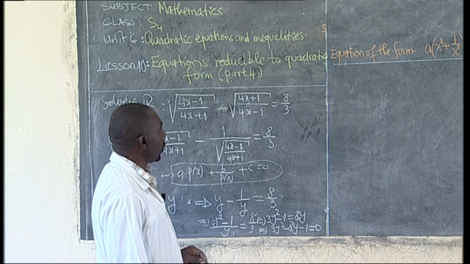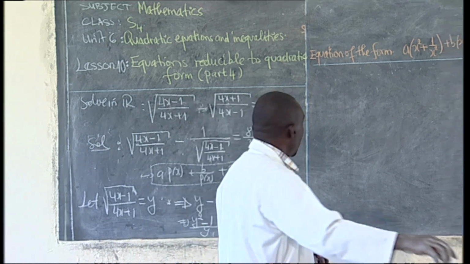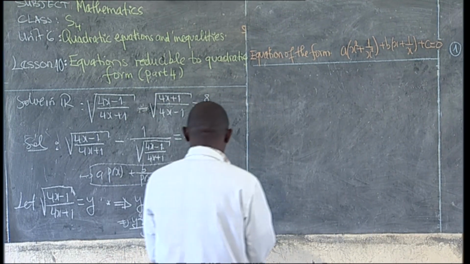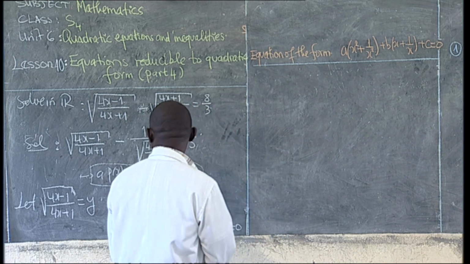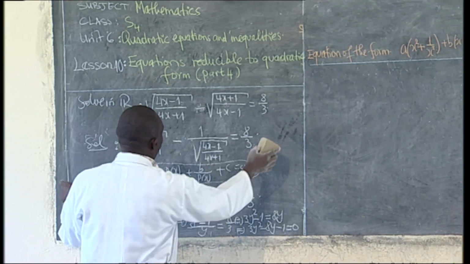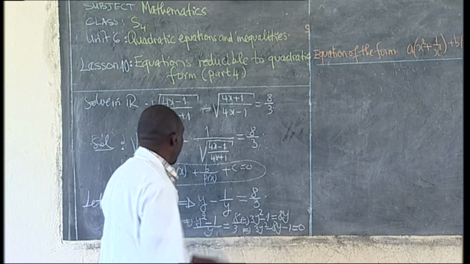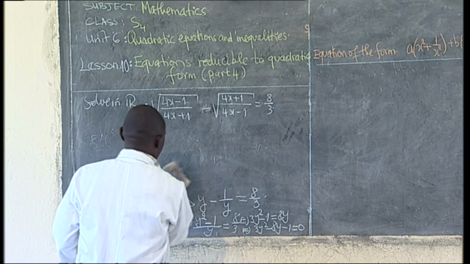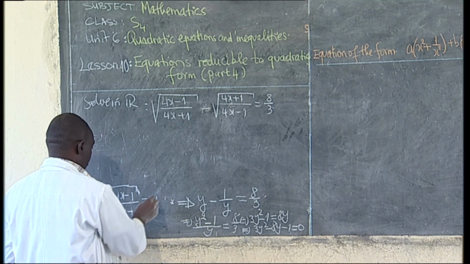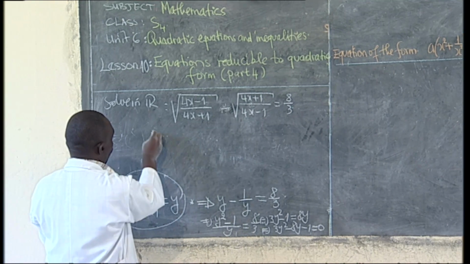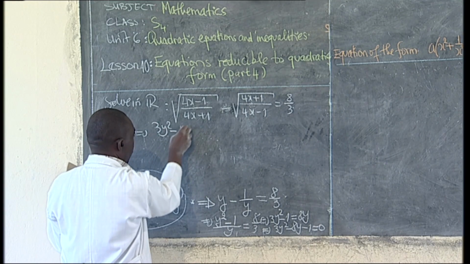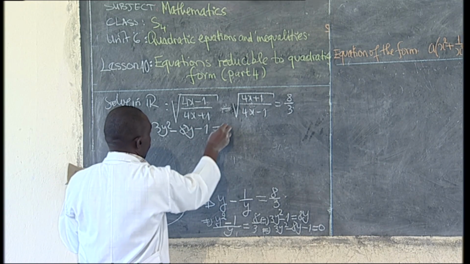Solving this equation in y, let me do it here, because I've changed already, what I need is this equation. I maintain only this, and I'm going to solve now 3y squared minus 8y minus 1, which is equal to 0.